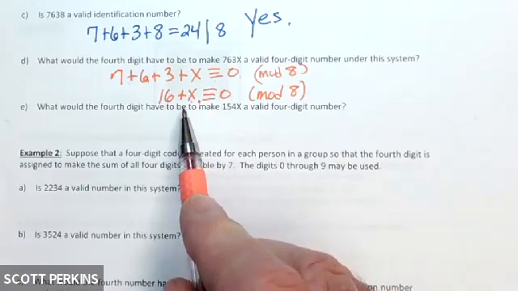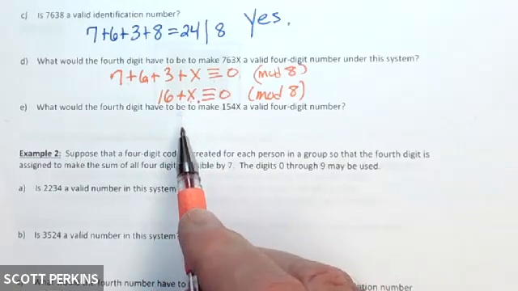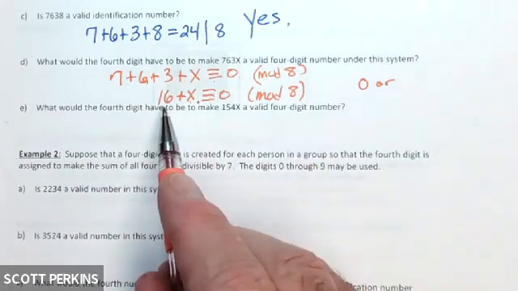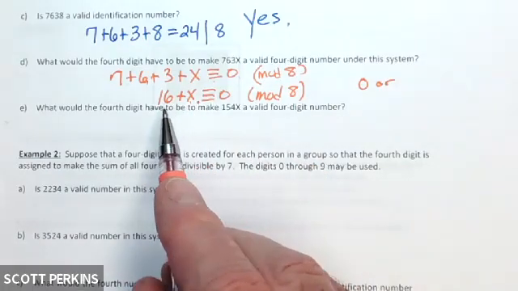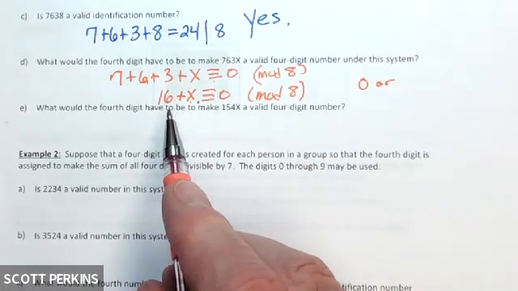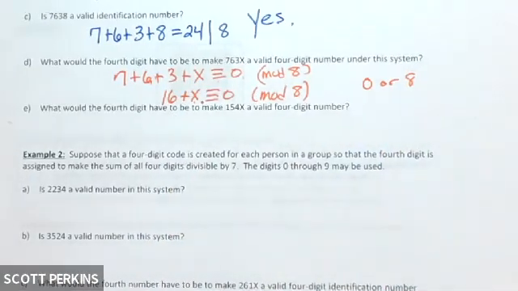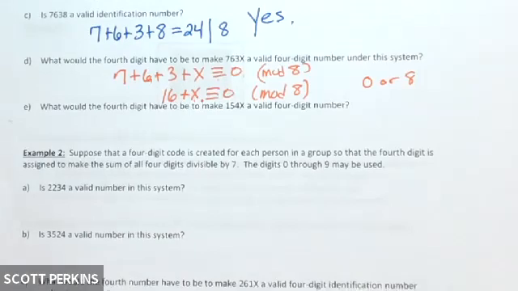It's 16. Is 16 divisible by 8? Yes, so x could be 0, or what's 16 plus 8? 16 plus 8 is 24. Is 24 divisible by 8? Yes. So there are actually 2 legitimate digits that could be used to make a code. I just gave myself the one where we had 2 answers just so that you would see; most of the problems are going to only have 1 for you to do.